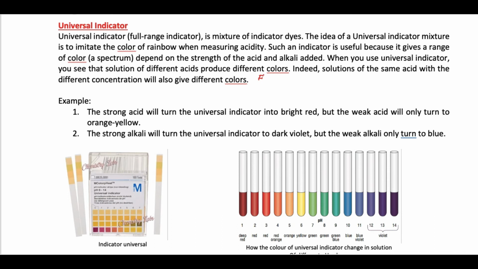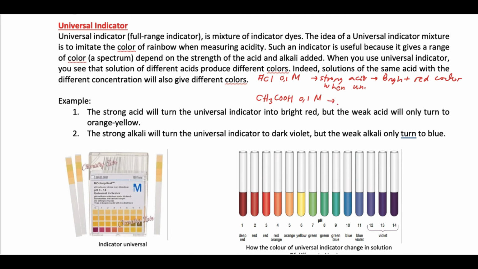We have hydrochloric acid 0.1 M and ethanoic acid 0.1 M. Because hydrochloric acid is a strong acid, it will give a bright red color when a universal indicator is put into this solution.